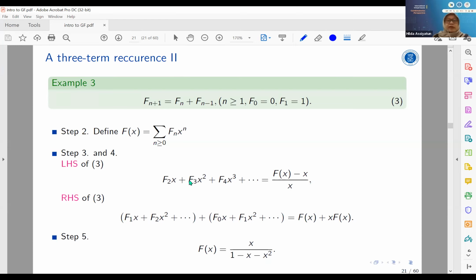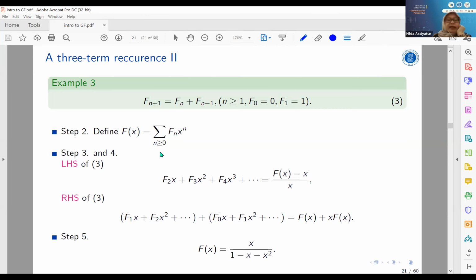We miss in the left hand side the first 2 terms, F0 and F1, but F0 is 0, right? So this one is actually the generating function subtracted by the first 2 terms, divided by x, right? Hope that you now see this a bit routine, how to do the manipulation.